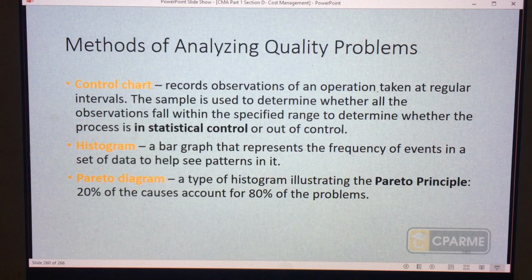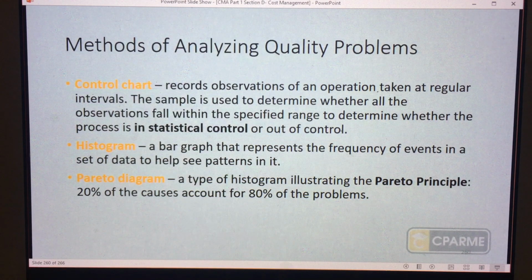Pareto diagram is the 20-80 rule. Sinasabi ng Pareto diagram, if you identify 20% of the causes of the issues or the problems, you are already solving 80% of your problems. 20% of the causes account for the 80% of the problem. So, ang magiging focus mo dapat is to identify itong 20% na ito.